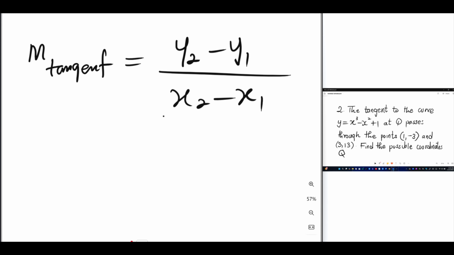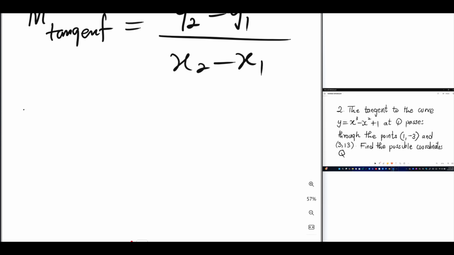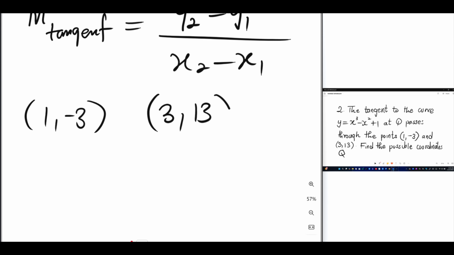So we have the coordinate of the first point to be (1, -3), and the coordinate of the second point to be (3, 13). So these are the points on the tangent because the tangent passes through them. So we are going to use them to find the gradient of the tangent.